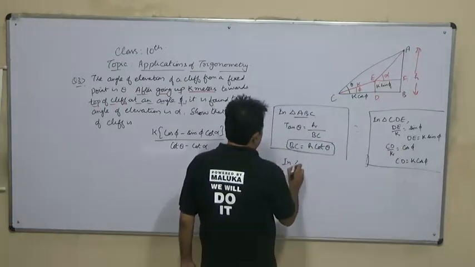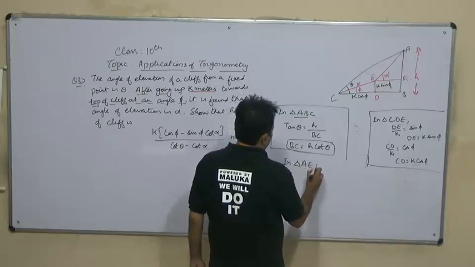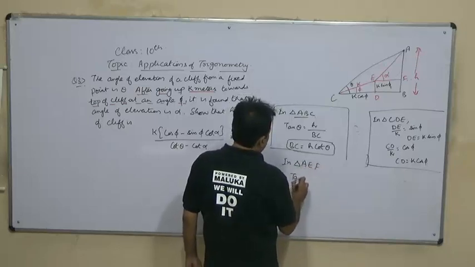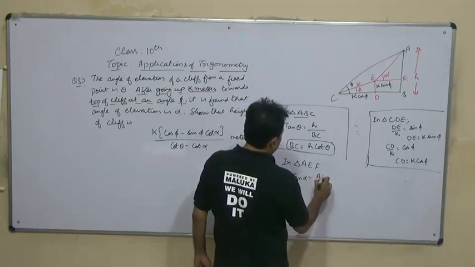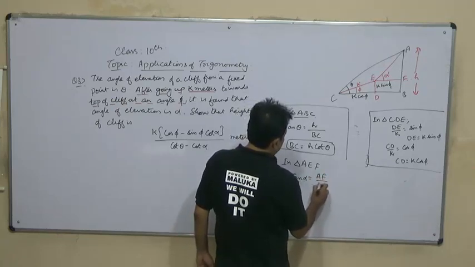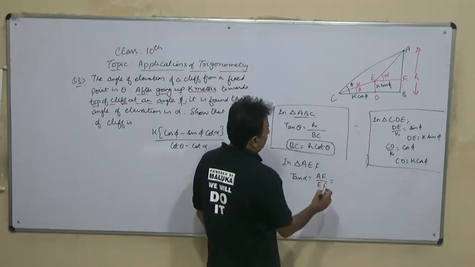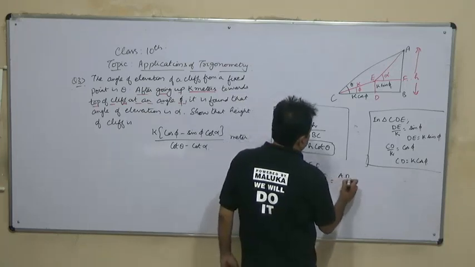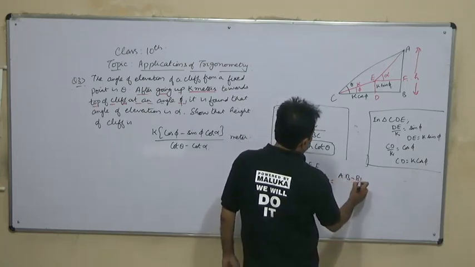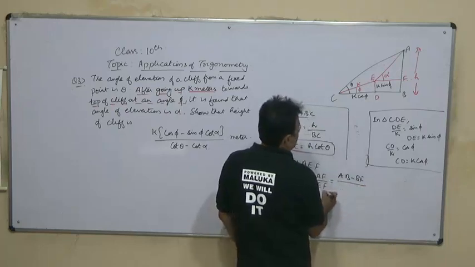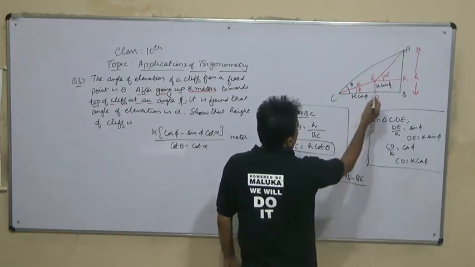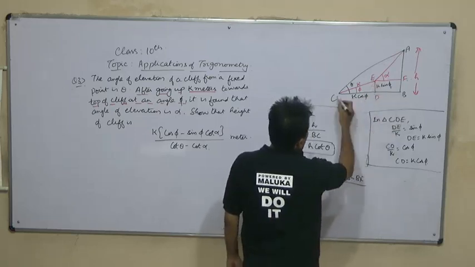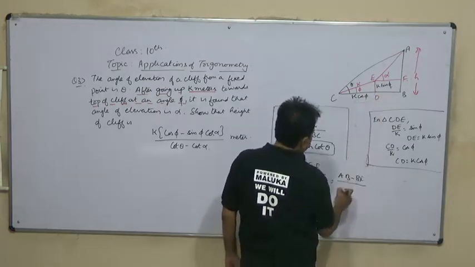In triangle AEF, tangent alpha is equal to AF upon EF. What is AF? AF is AB minus BF, upon EF. What is EF? EF is the same as BD, that is BC minus CD.